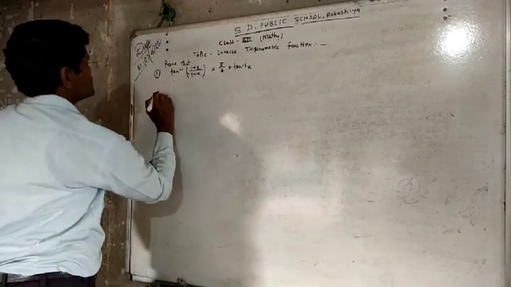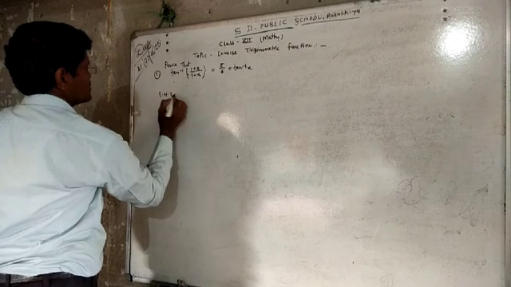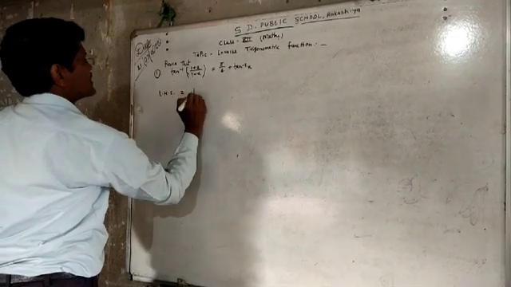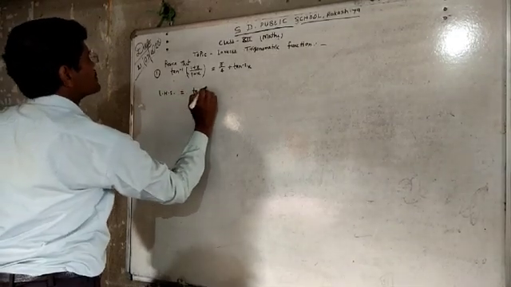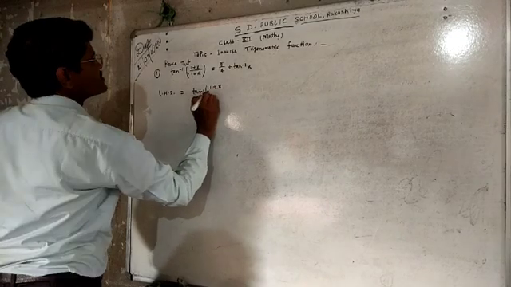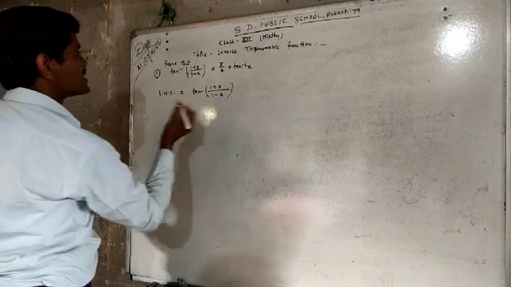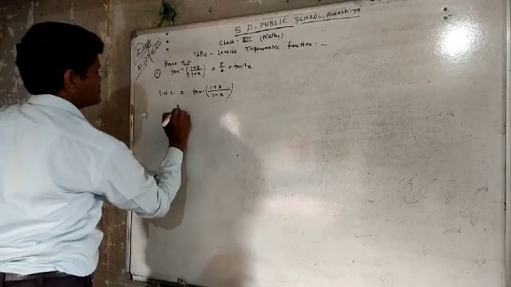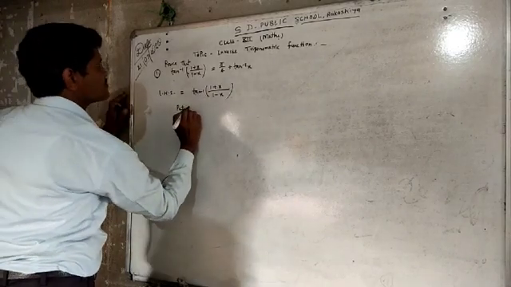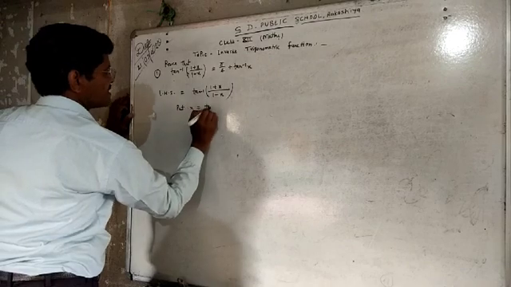Now, LHS is equal to tan inverse (1 plus x upon 1 minus x). We can put the value of x as tan theta. Put x equal to tan theta.